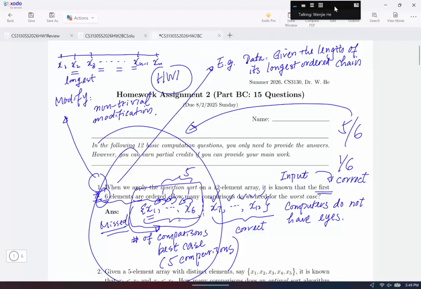The location could be anywhere, right? Spread in different locations. But we can identify those 6 elements. If we take them out, we get an ordered subarray.